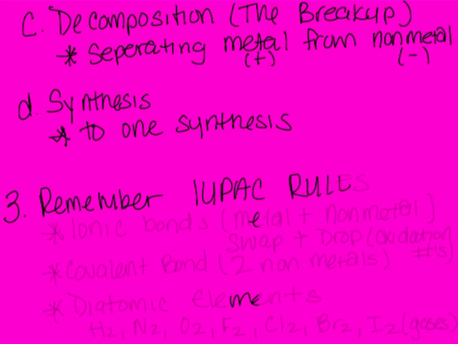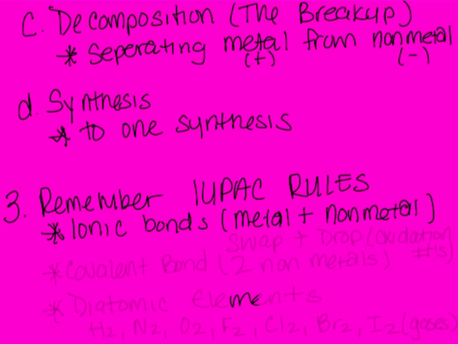Well, what are IUPAC rules? I'm glad you asked, even though you did it. But I'm sure there are some of you that probably have questions. So first, remember that for your ionic bonds, you must pair a metal with a non-metal. Your metal always comes first. If you put your non-metal first, you do not have an ionic bond. This is important.